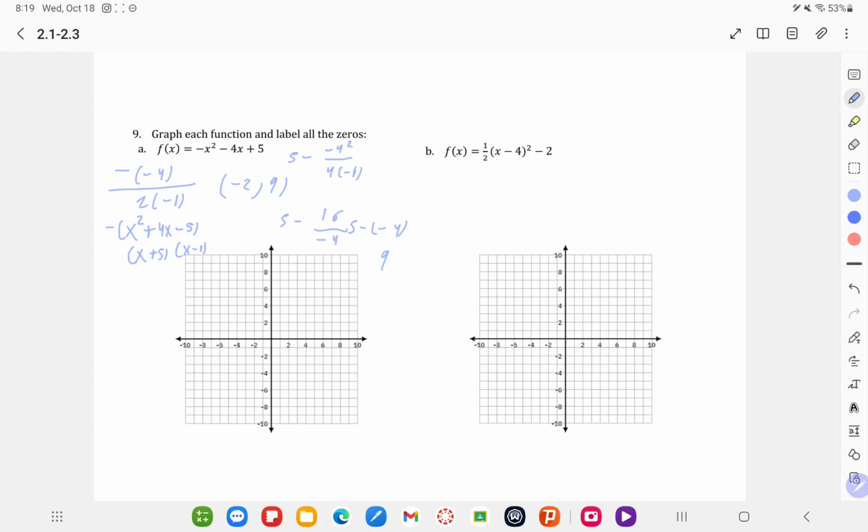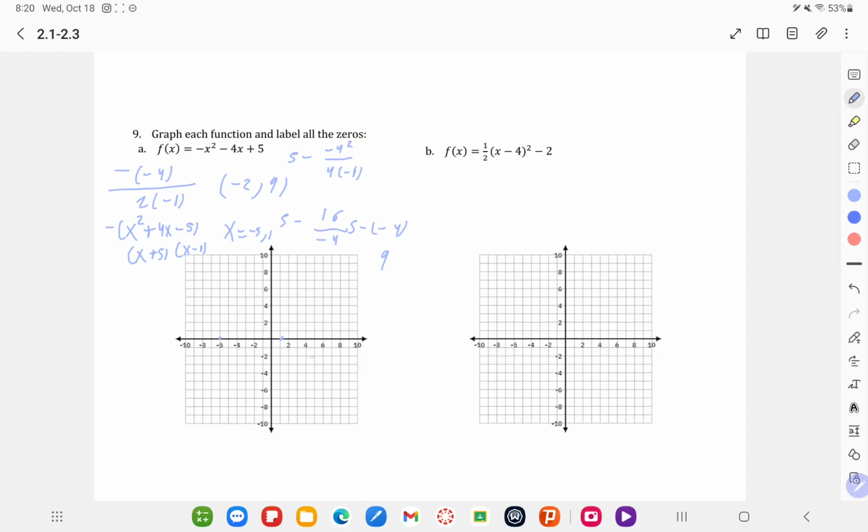Yeah, that's about right. Okay, so our values would be -5 and 1. We got -5, and we got 1.